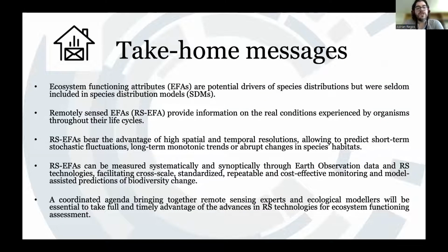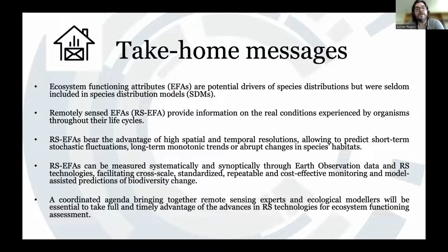So as a take-home message, I would like to remark that ecosystem functioning is an important driver of species distribution, but seldom included in SDMs. These variables provide information on the real conditions experienced by the organisms on the ground.